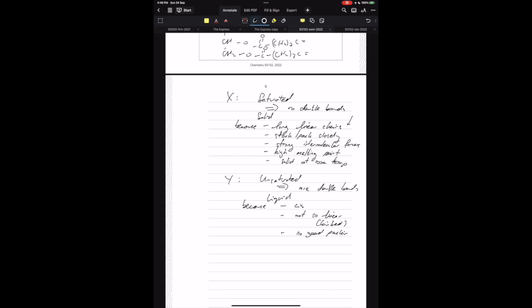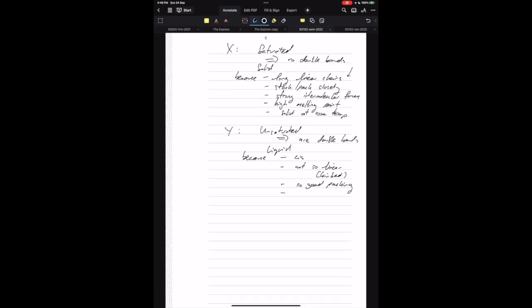When you're writing out the exam, please don't copy my grammar. Let's see, weak intermolecular forces, low melting point, and so it's a liquid at room temperature.